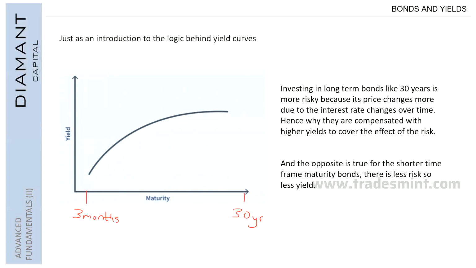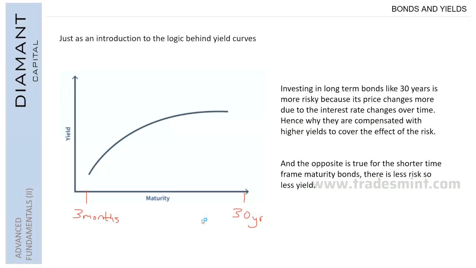Now, the reason for that is because price changes more over time due to the interest rate changes over the course of the 30 years. Hence the reason that the people involved in the 30-year bonds are compensated with higher yields to cover the effect of the risk.